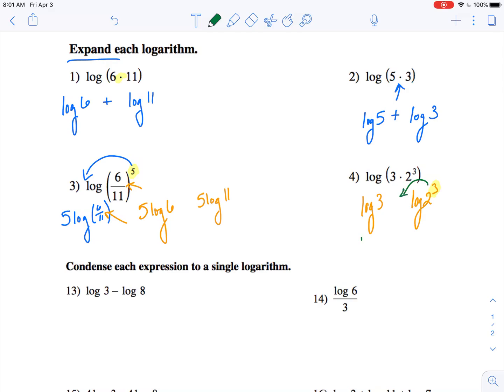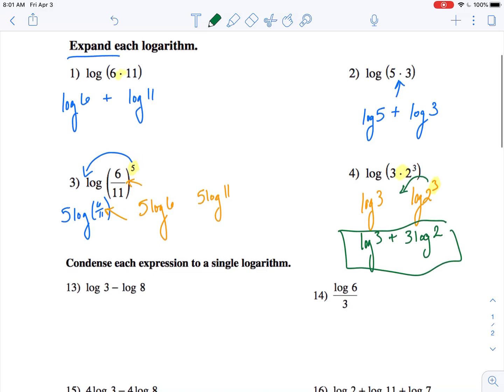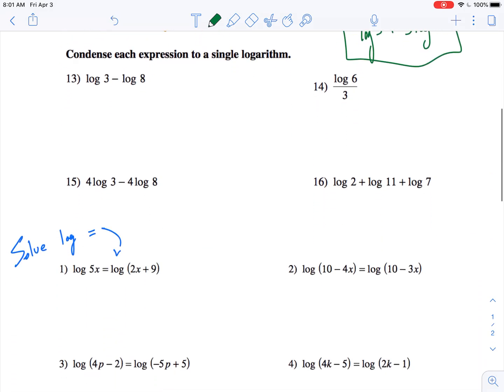And we're going to take that exponent there, this exponent, and bring that out front. So I've got log of 3 and 3 log, or 3 times log of 2. And if I'm multiplying these 2 things together within the log, then like we said before, I'll add the 2 logs together after I expand.